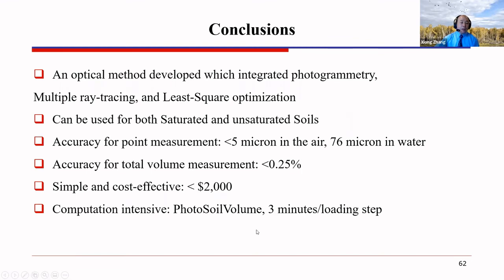The major limitation of this method is that it involves a lot of calculations and it's very computationally intensive. But we have software to do it. For the one camera system, you just need 3 minutes for each loading step. But now my student has improved it to 2 or 3 seconds per loading step.